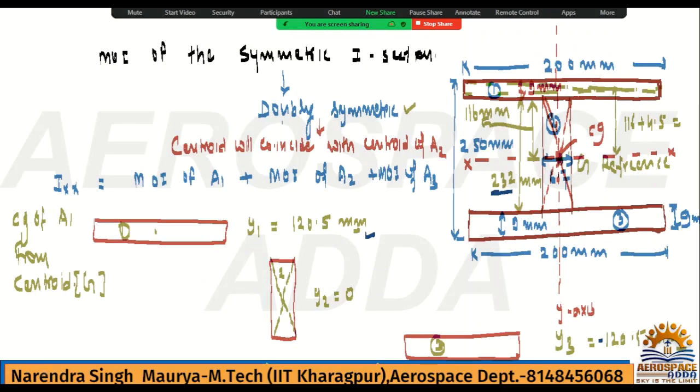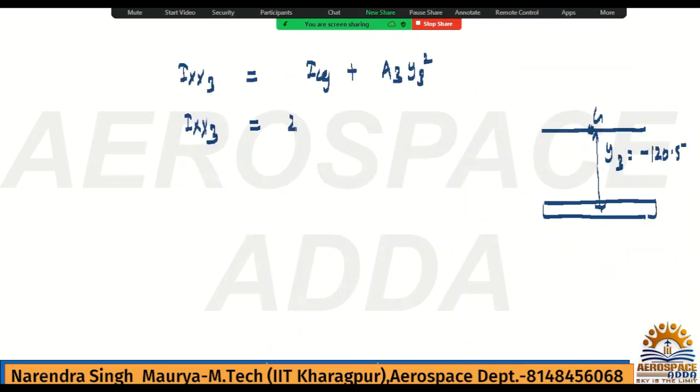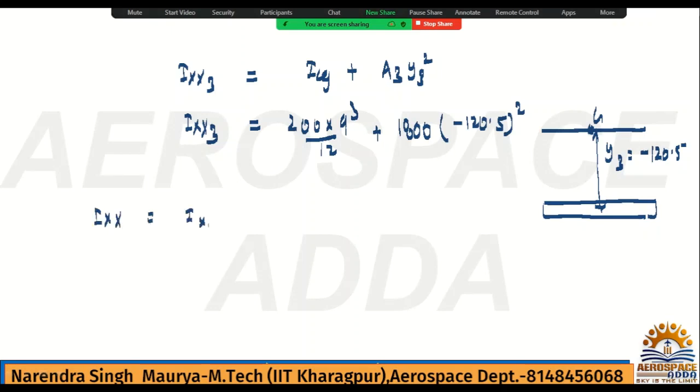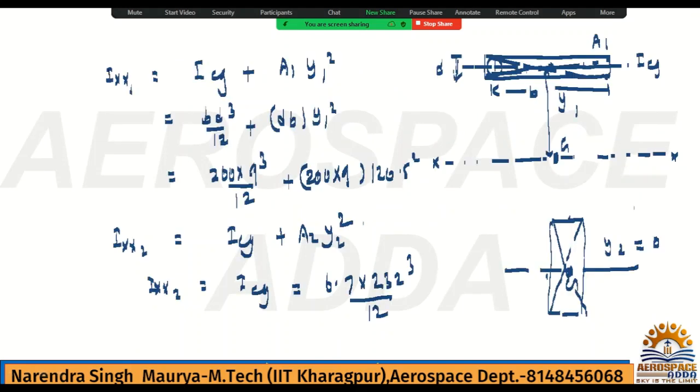So it is 200 into 9 cube divided by 12 plus area, again the same, 200 into 9, which is 1800, into that distance, Y3 distance, minus 120.5 square. All right, so now you need to calculate Ixx equal to Ixx1 plus Ixx2 plus Ixx3. All three values we have here.